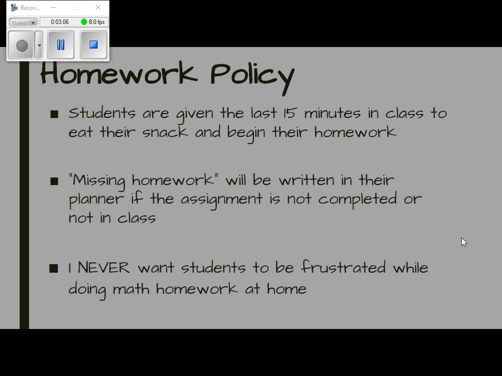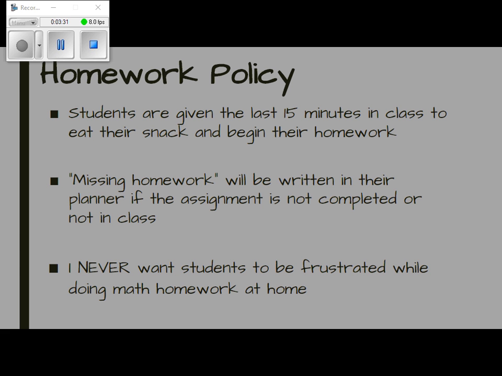Our homework policy. Like I just said, our goal is to give enough time for students to do this in class. I'll write missing math homework in their planner if the assignment isn't in class or if it isn't finished. This is just a way to communicate with you so that you know if they're bringing it to math class every day.